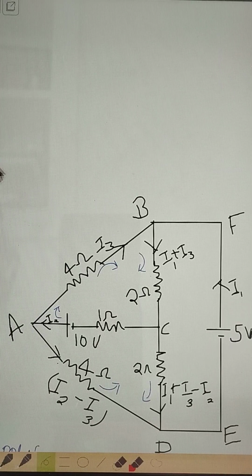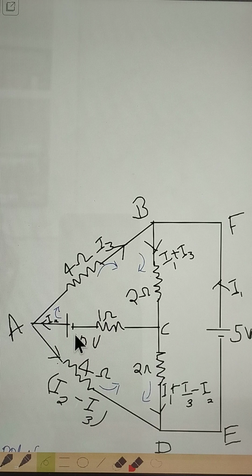So here, first of all, let us consider this loop A, B, C, A. The cell included in that loop is this 10 volt cell, sending current in this direction.